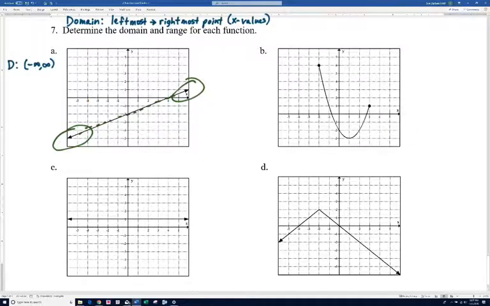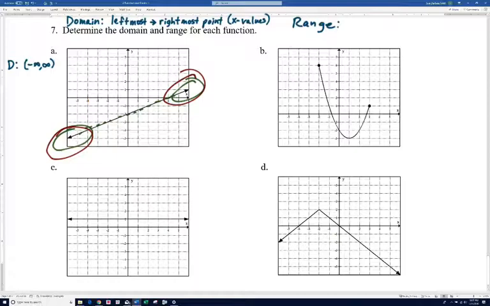What about the range? Well, again, this is my lowest. Actually, you can see I don't have a lowest point. And as you go to the right, this is going up. I don't have a highest point. And so the range is also all real numbers. Now, I didn't spell this out. With the range, we're looking at y values, and we're going along the y-axis.